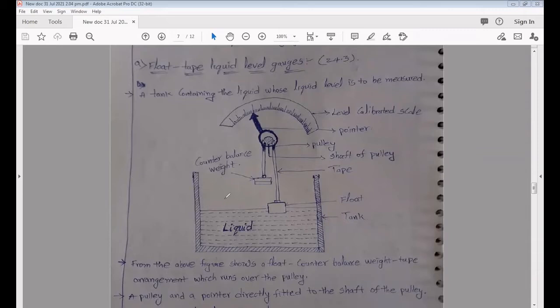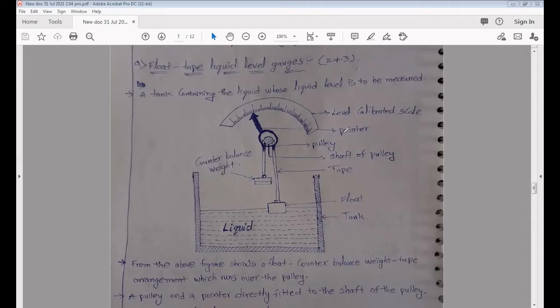In the external exam, do not forget to write the nameplates. Here the nameplates are tank, flat and liquid, counterbalance weight, shaft of pulley and pulley, pointer, and level calibrated scale.